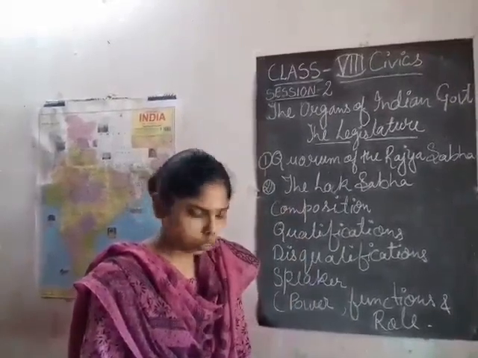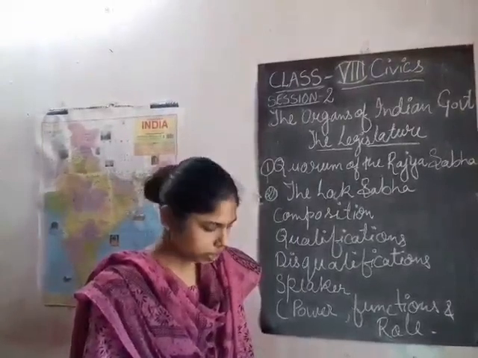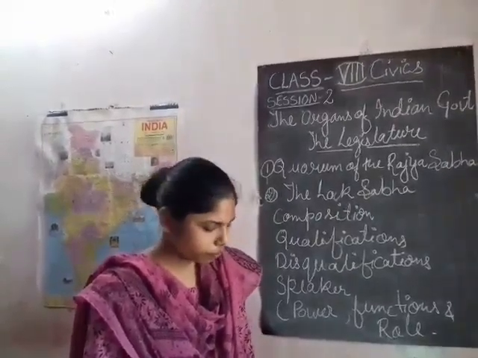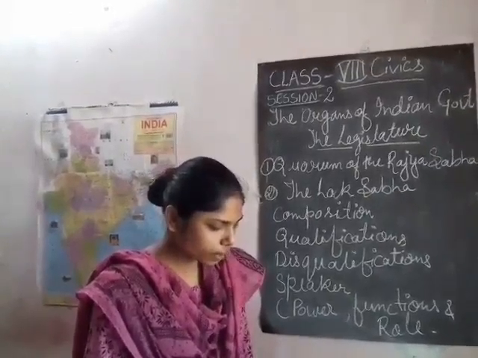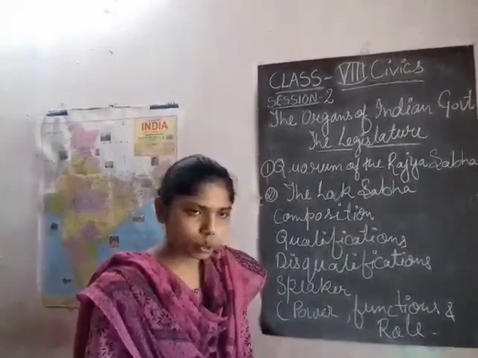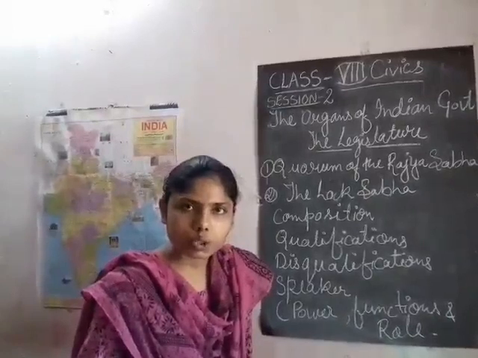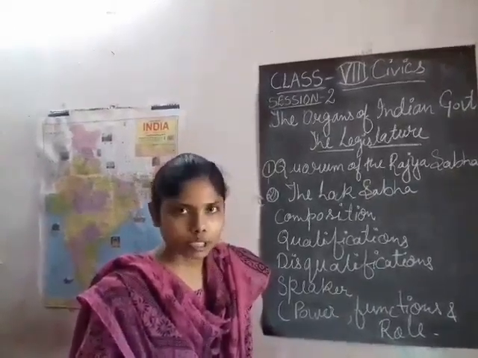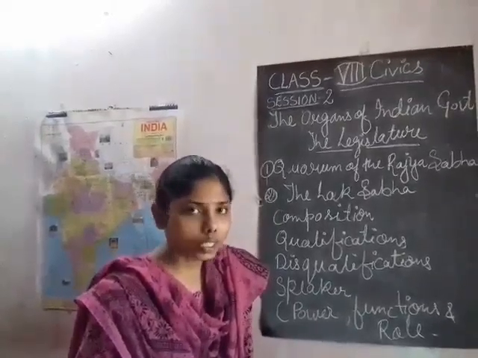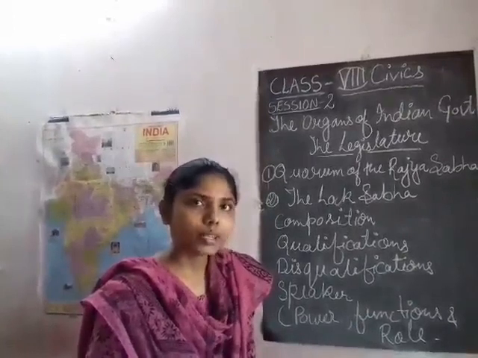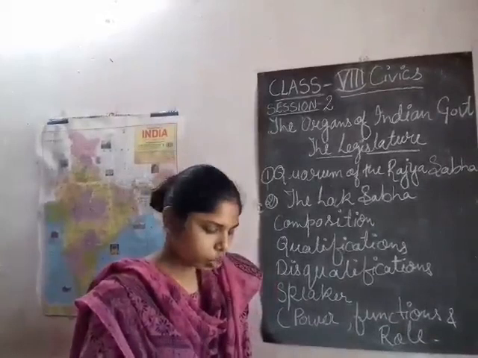A minimum number of members required to be present to conduct a meeting of the Rajya Sabha is known as the quorum. The quorum of the Rajya Sabha is presence of 1/10 of its members. Example, if the house has a total number of 250 members, as I taught you, at least 25 members should be present in the meeting. 1/10 means at least 25 members amongst 250.